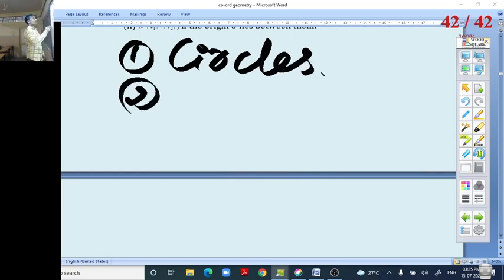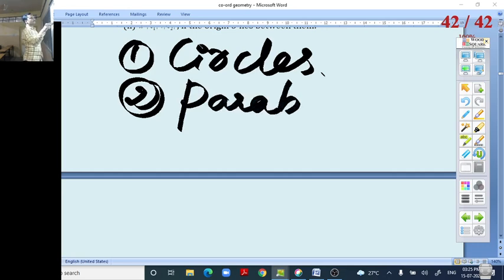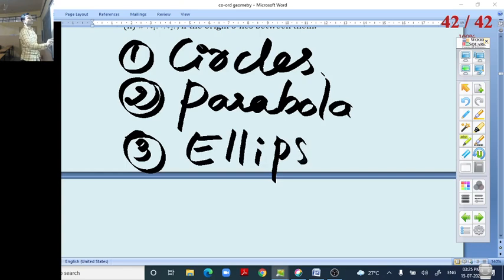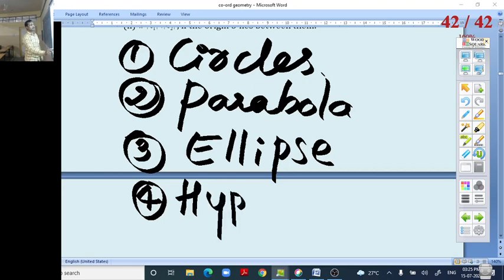In the second case, we are going to get a parabola. And the third one we are going to get is the ellipse, which is a beautiful concept further on. And the fourth one is the hyperbola.